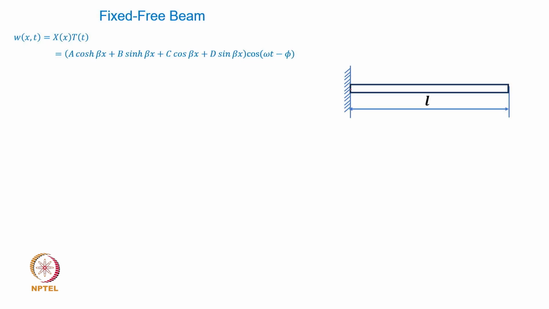We all know that this being fixed here, the boundary conditions at x equal to 0 are: deflection is equal to 0, and the beam cannot have non-zero slope at the root or the fixed end, right? So the slope and deflection, both of them are going to be 0 at x equal to 0.